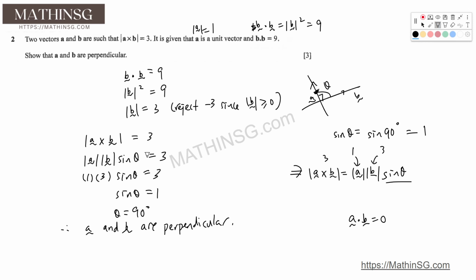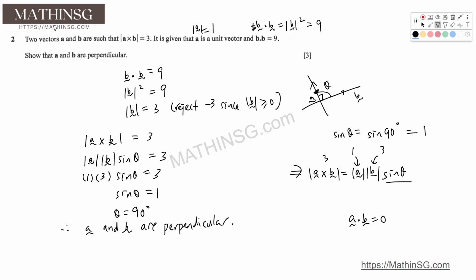Whenever you have this type of question, there are two types of vector questions. One of it is the problem sums, where they give you a diagram and ask you what is vector A, or what is AC, what is AB, what is the ratio of vector AB to AC, and so on. The other type is something like this, where sometimes they give you some values, the values of mod A and mod B, and then ask you some questions.